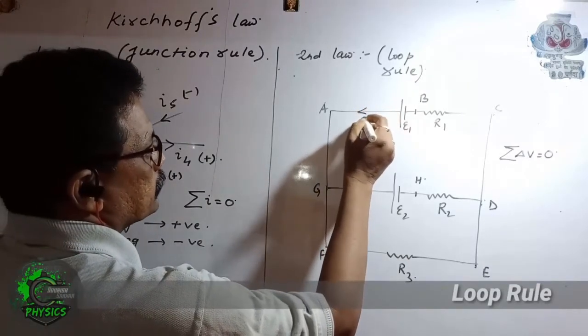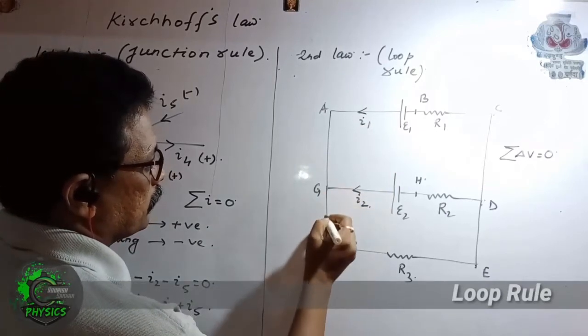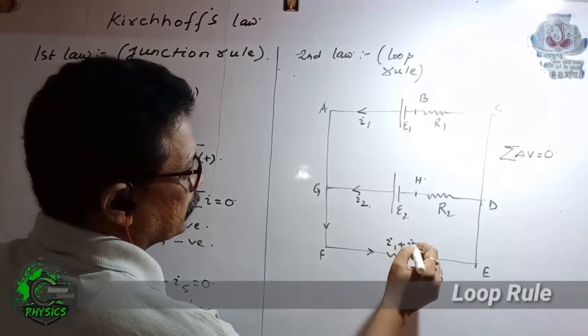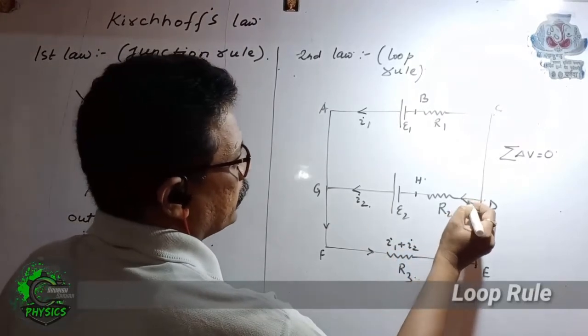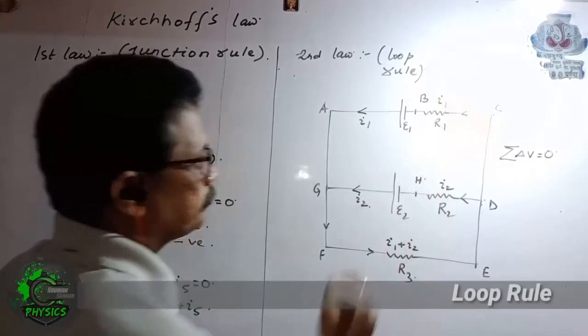Suppose this current is taken as I1, this current is taken as I2, these two currents join here, and this current is I1 plus I2. This side again I2 and this side again I1.